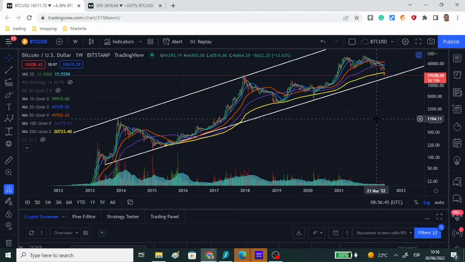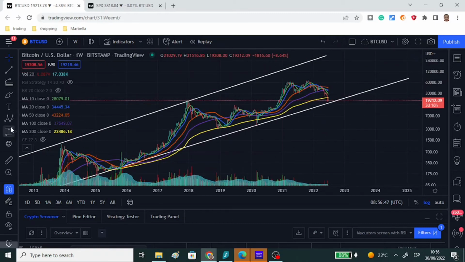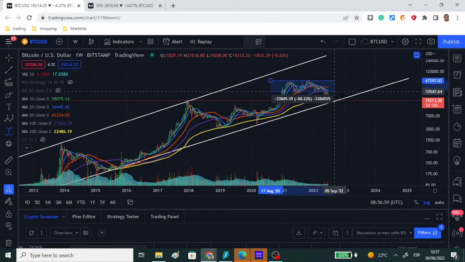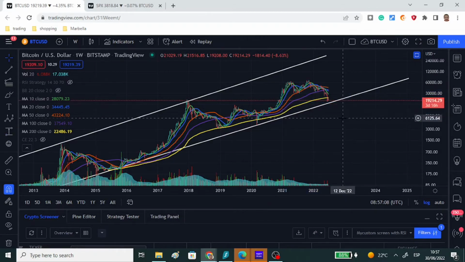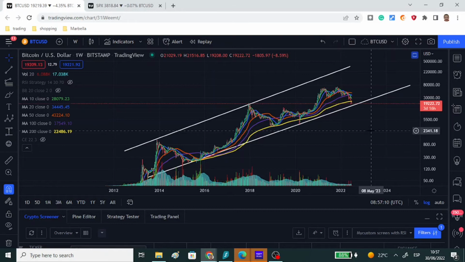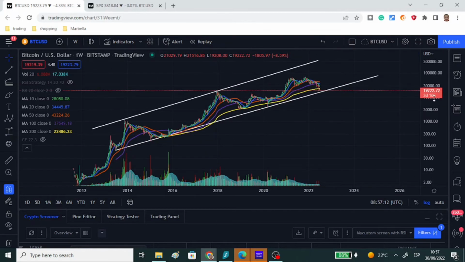And then here, we're about a 75% drop. So this is not the first time that Bitcoin is in a bearish market.